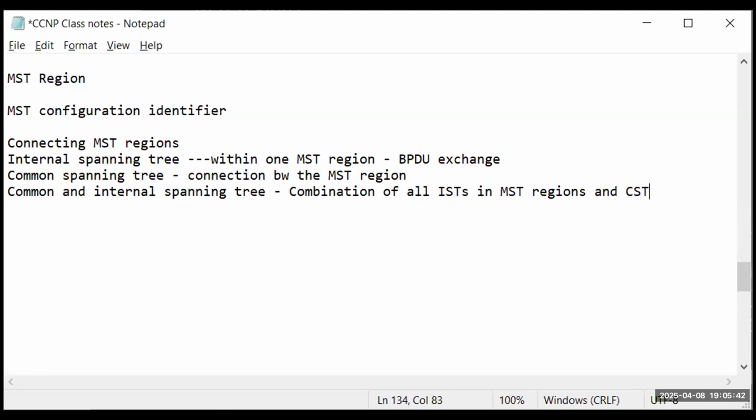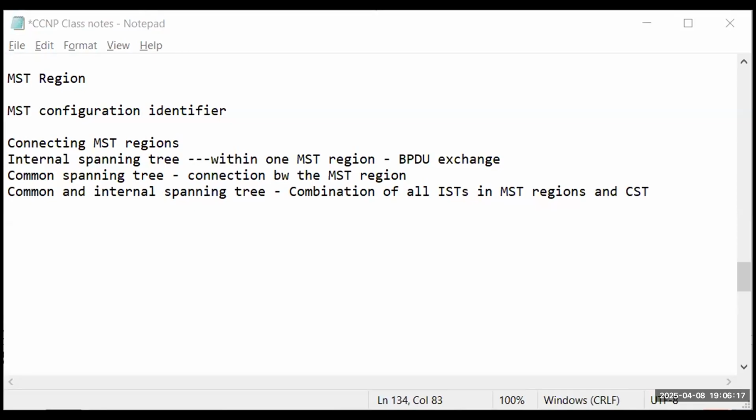CST is where we have seen the boundary ports, and there will be only one CST. For ISTs, we can create multiple MST regions. Here we have two regions, a root and a non-root region, with boundary ports in between.